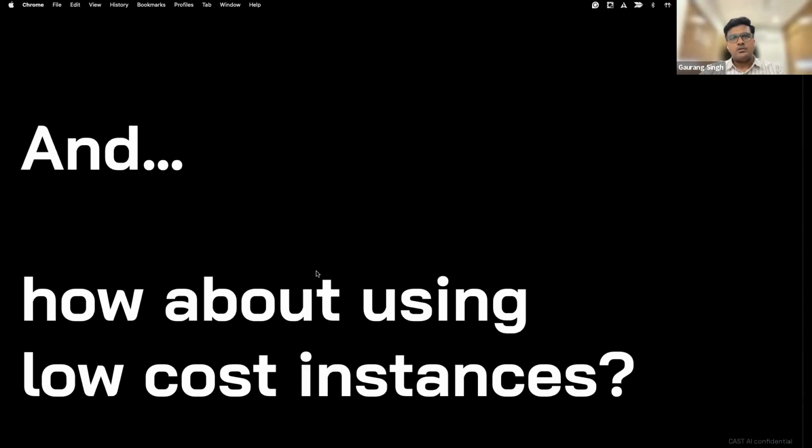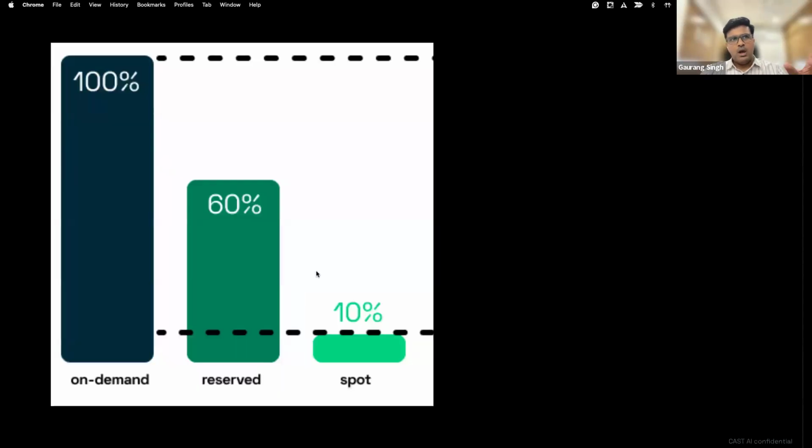The first thing you do is find what alternate options you have for finding cheaper instances. You have basically three options. One is the on-demand node, which you are paying for at 100%. The second is the reserved instance. You reserve for 1 year or 3 years with a savings plan, and then the cloud provider gives you a discount of 40%, 50%, 60%, depending on demand.